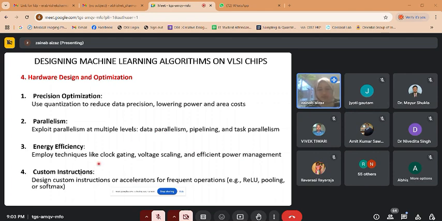Now, energy efficiency means you can gate your clock. We all know clock gating, so it would increase our performance. We can do voltage scaling, efficient power management, and then we can use custom circuits for ReLU and softmax. What are these? These are neural network activation functions.